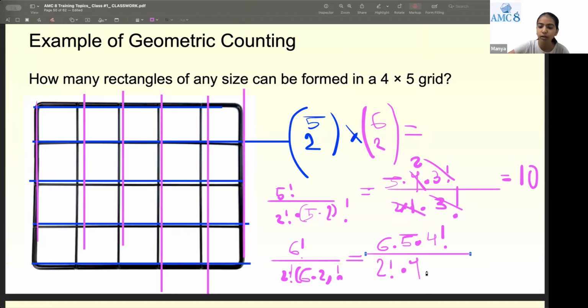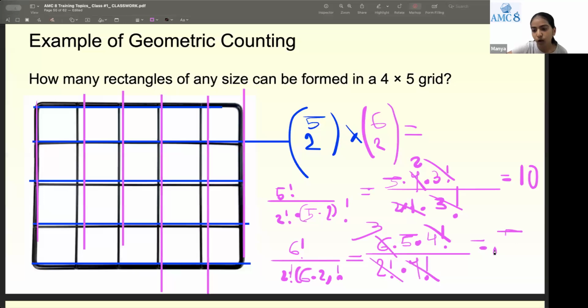The 4 factorial on the top and the 4 factorial on the bottom will both cancel with each other, and we will be getting 2 factorial on the bottom. But 2 factorial is just equal to 2, so then this 2 and this 6, it'll be 3. So it'll be 3 times 5, which is equal to 15.